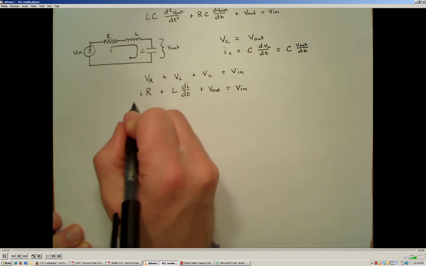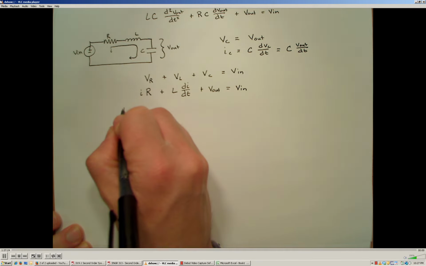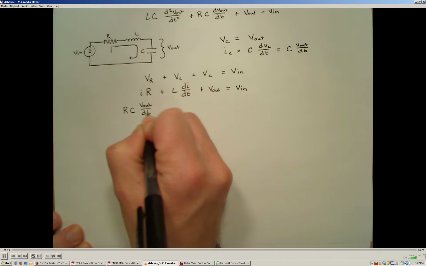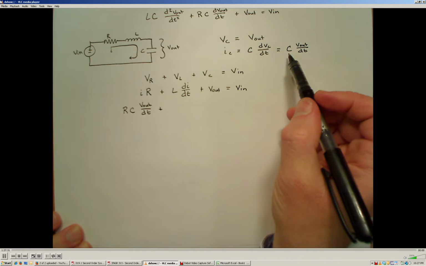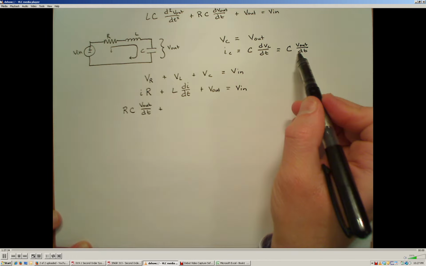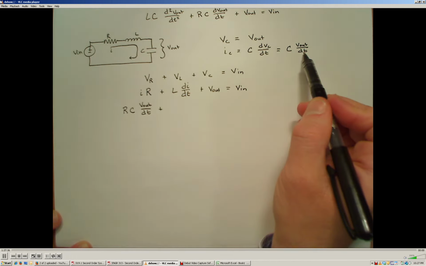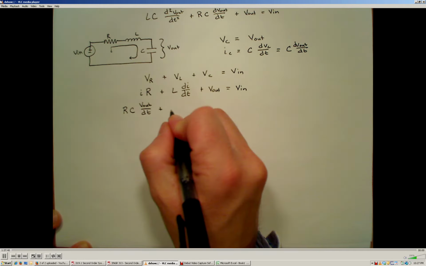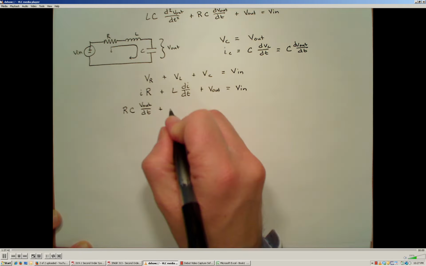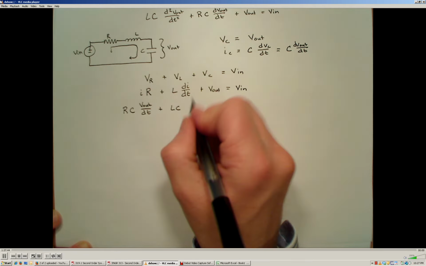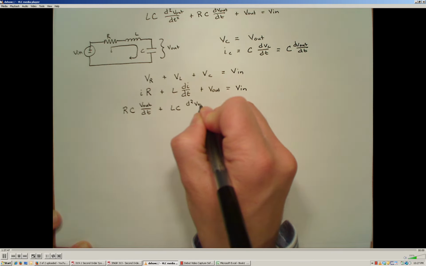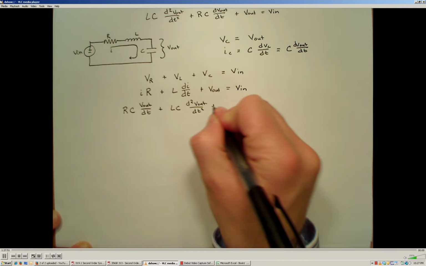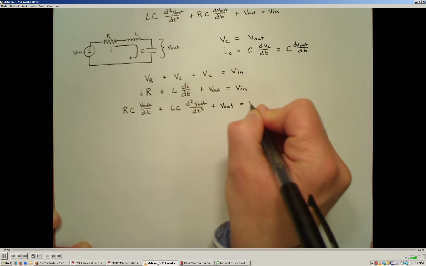That gives me R times C times the first derivative of the output voltage with respect to time. When I take the derivative of this relationship, it gives me a second derivative of the output voltage with respect to time. So that'll be C times L times the second derivative of V out with respect to time, plus V out is equal to V in.